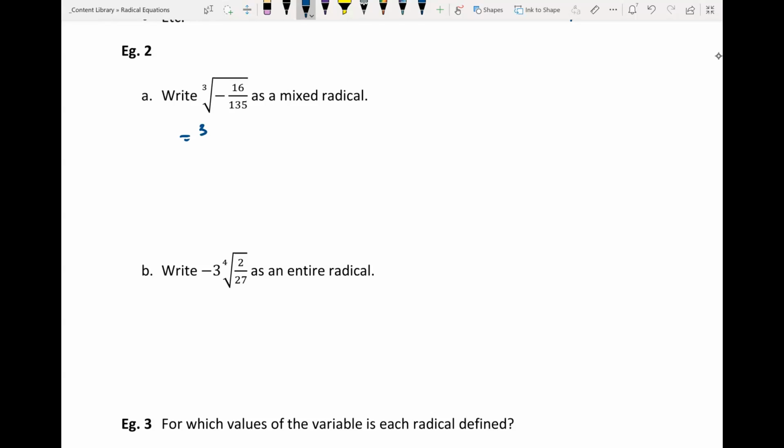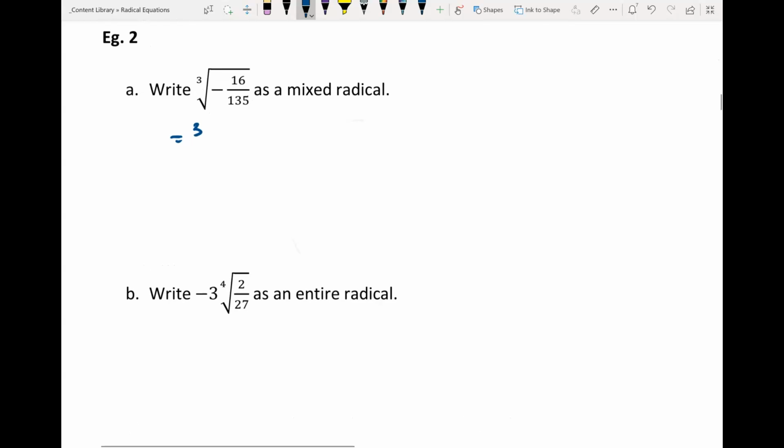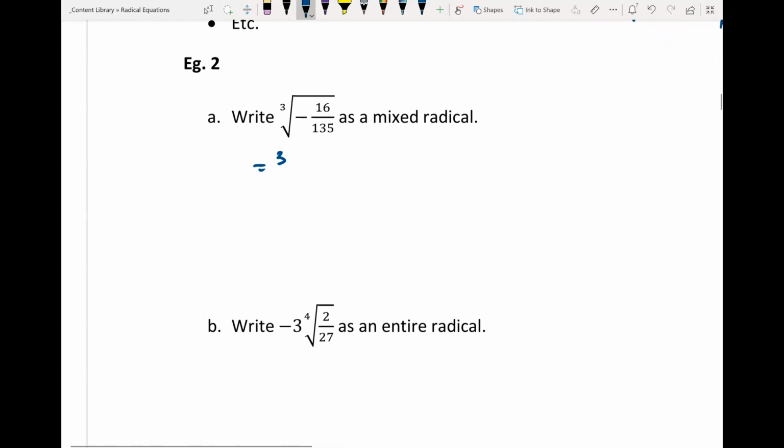Because we have an index of 3, I have to look for perfect cubes. Perfect cubes would be something like 2 cubed is 8, so 8 is a perfect cube. 3 cubed is 27, so that is a perfect cube, and so on.